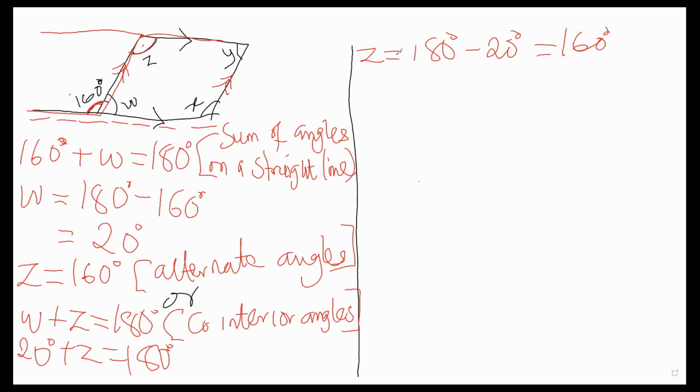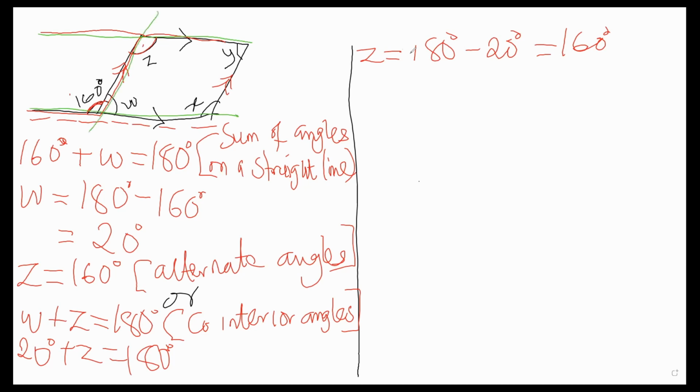which is the value of angle Z. Now, the same thing we apply to W and Z here, which is co-interior angle, it is the same as W and X because they are co-interior angles. We have two parallel lines here, this and this, and we have a transversal line.